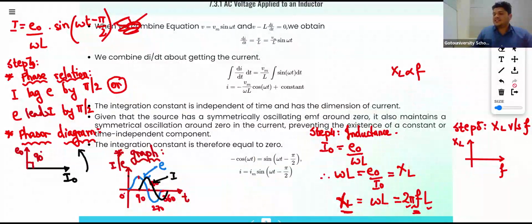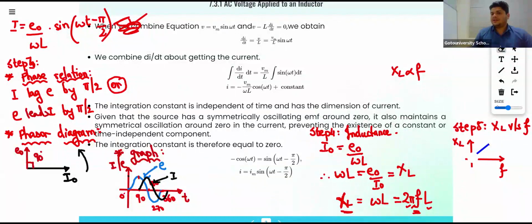If frequency is increasing, XL will be increasing. So you will draw XL versus frequency like this.